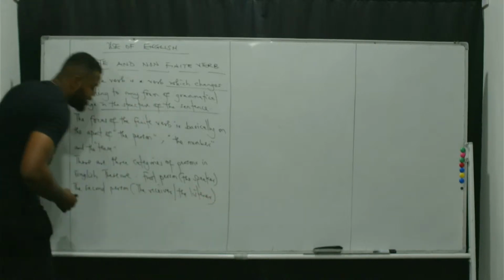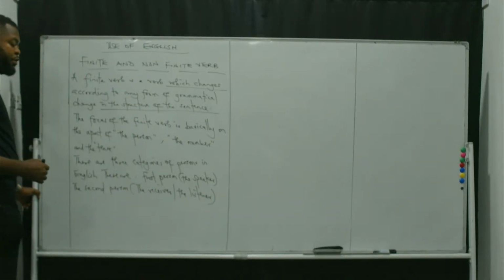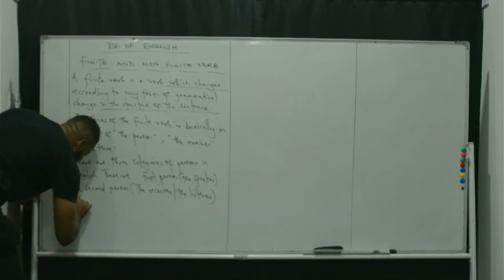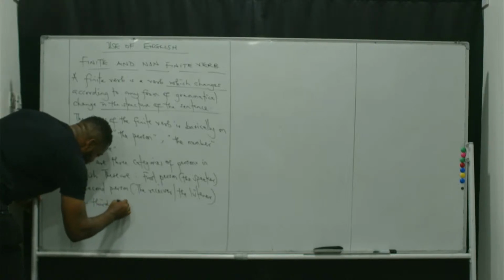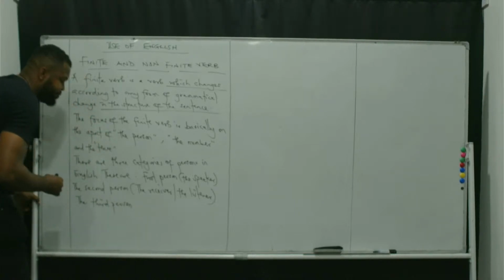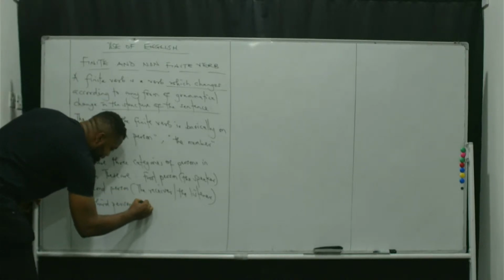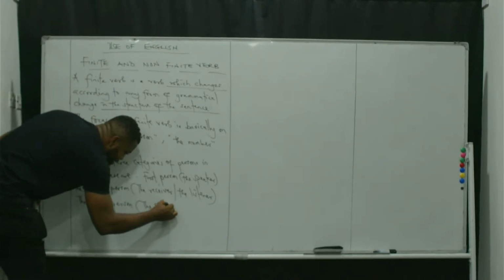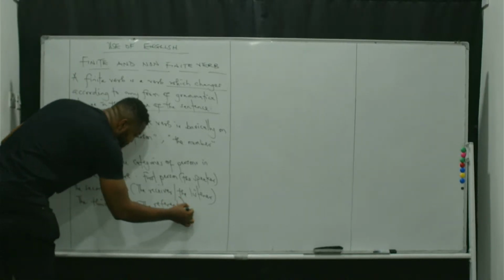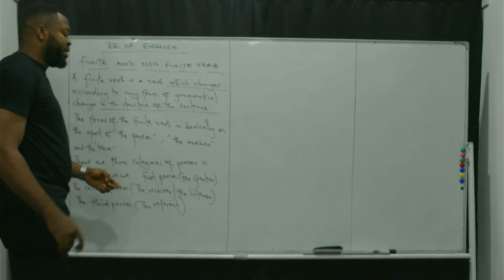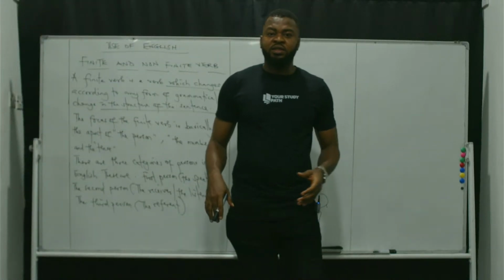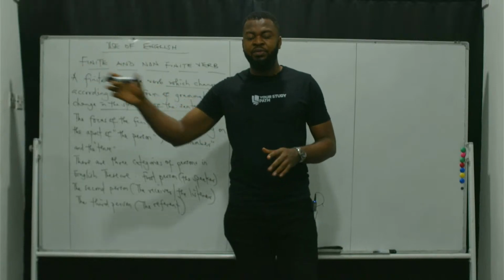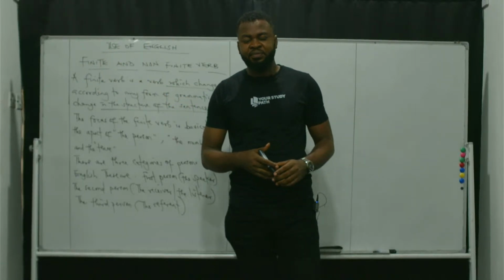Now, the last aspect is the third person, which is known as the referent. Remember that the third person can either be a person or a thing as well. That to which we make reference is the third person.